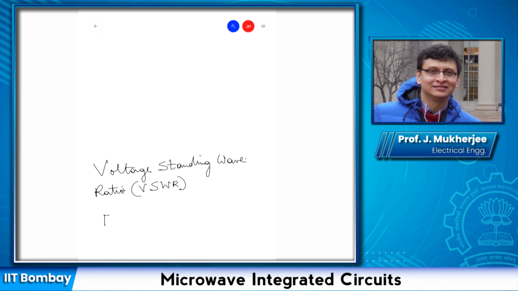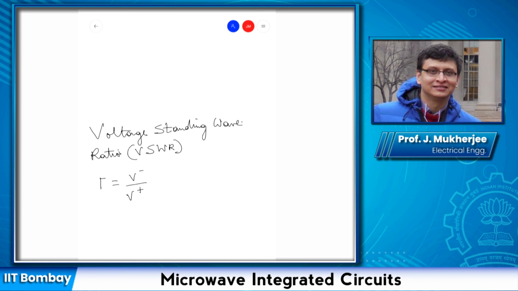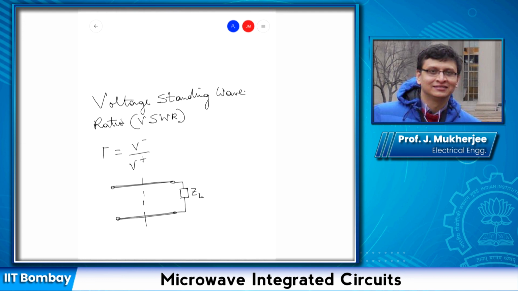So if we define the reflection coefficient like this, then we know, suppose again we have a transmission line, say at a distance x on the source.